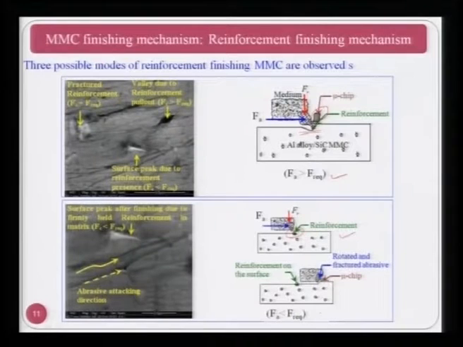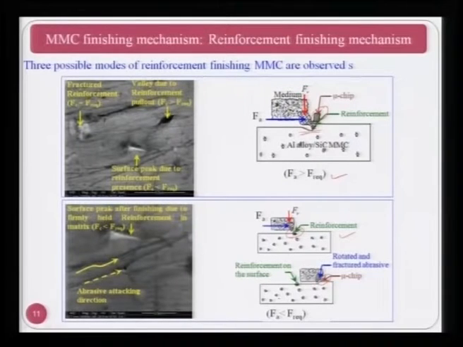In the third case, as I explained earlier, fracture of the reinforcement takes place as shown, and part of it remains inside the workpiece and part of it is taken out by the medium. Similar things have been observed during experimentation, shown on the left-hand side in the pictures.